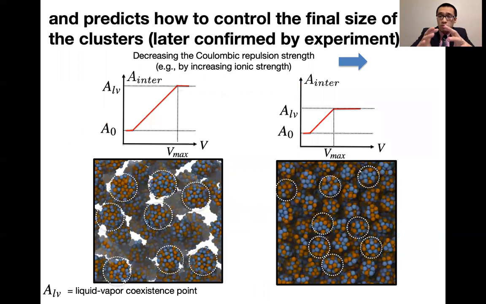The model is able to predict how to control the cluster size. In this case, we can just increase the ionic strength, which effectively means that we can decrease the Coulombic repulsion strength between those particles. These predictions tell us how to tune Vmax, the maximum size of the clusters, towards a smaller value if we increase the ionic strength.